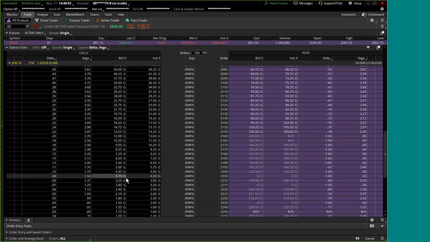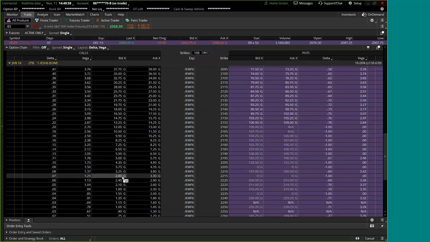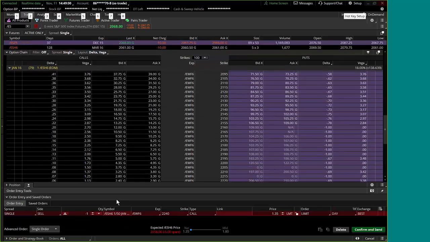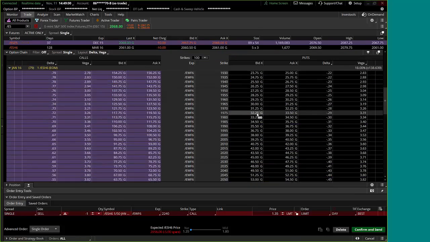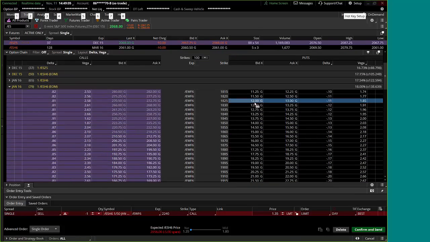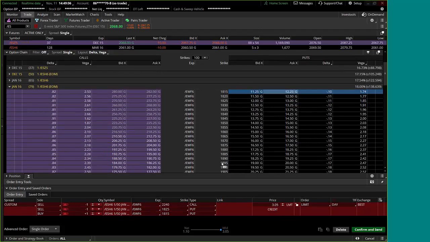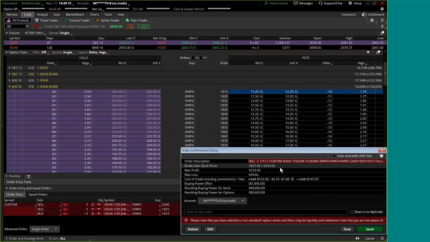Clearly, the markets in here are a little wide because the markets are, roughly speaking, closed right now. But you can go out to the same kind of delta and sell a couple of these. Let's go to the same one. What did I use? The 1825, 1815. I don't even know if this is the same trade, but roughly speaking, you have to do a few more contracts. But what is the margin in this little monkey?